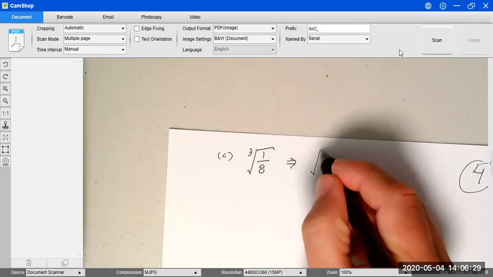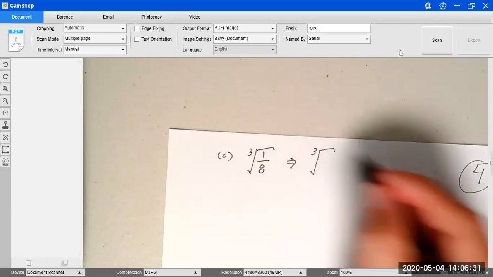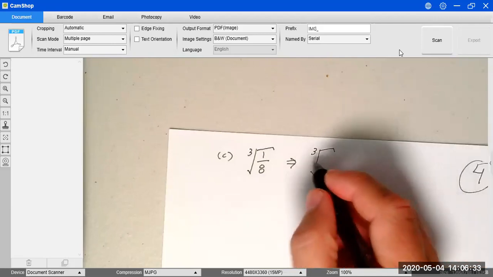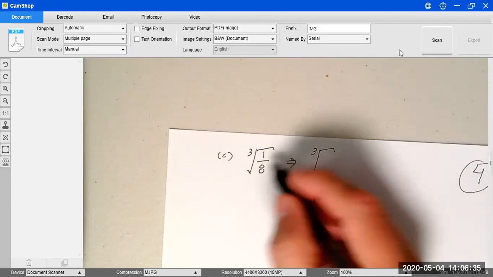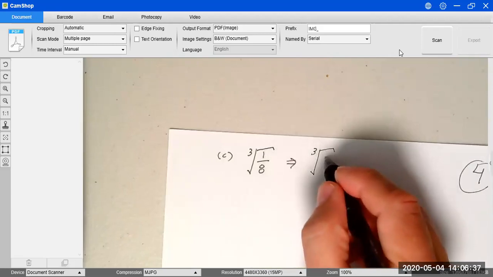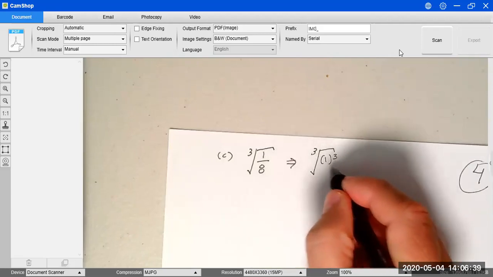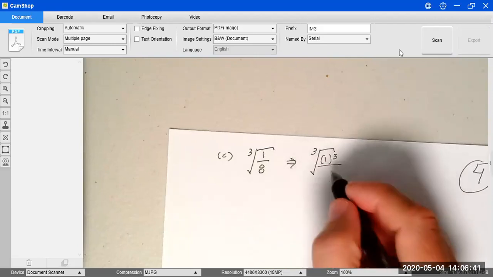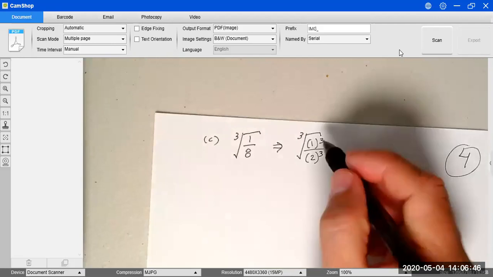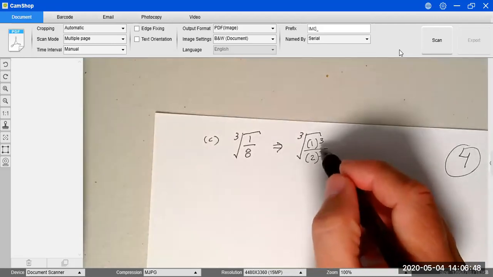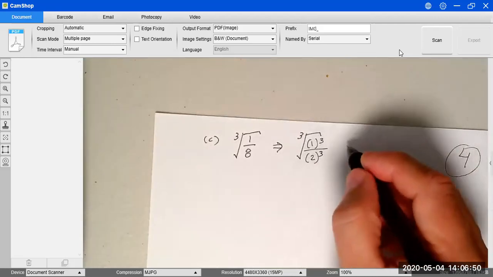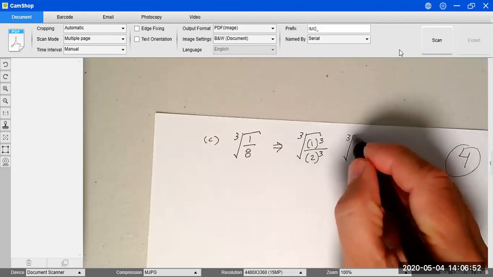I'm going to leave the radical sign there. I'm just going to rewrite every piece here as a perfect cube. So the first one, 1 is going to be 1 to the cube, and 8 is going to be 2 to the cube. And now you can combine these two quantities with the same exponent under a parenthesis.